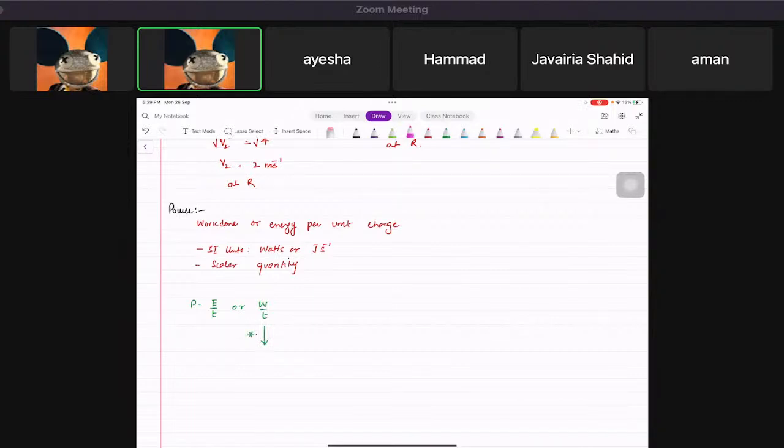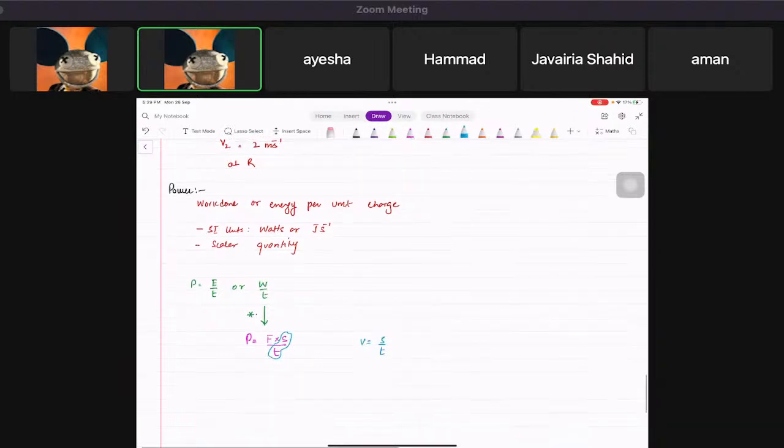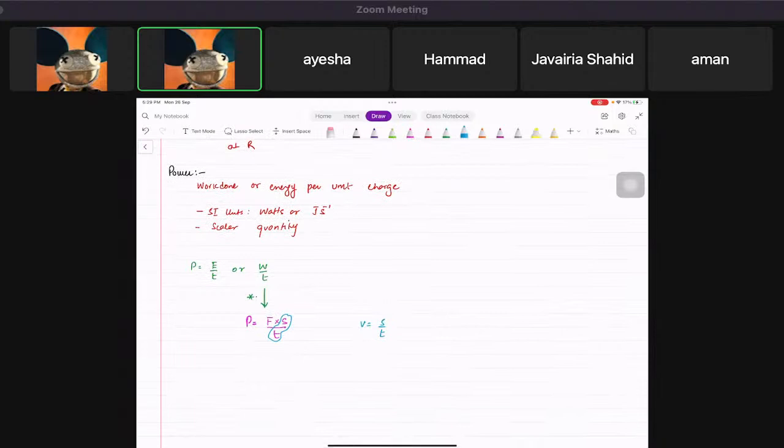When you open up work, because work is force times displacement, and it's divided by time, you might see here that displacement over time is basically velocity, which means when you add it there, it's going to be power equals force times velocity.